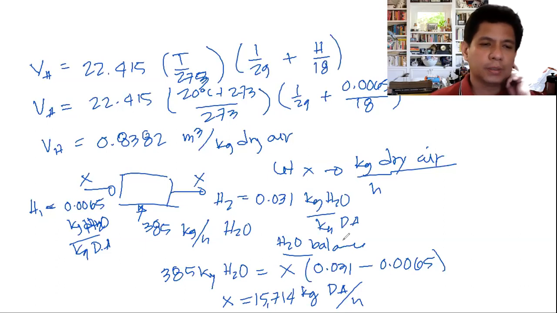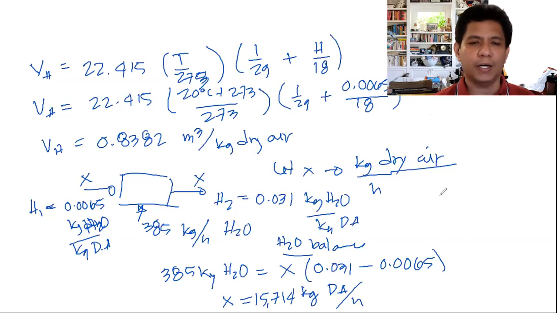Okay? So as you can see, pag pinag-multiply nyo itong dalawa, the kilogram dry air will cancel out and you will have the cubic meter per hour. Yung kasing nasa choices ay per second. So just divide this by 3,600. Ano?